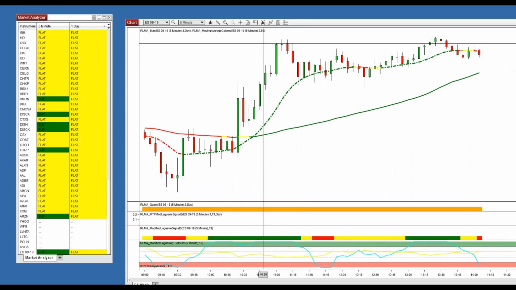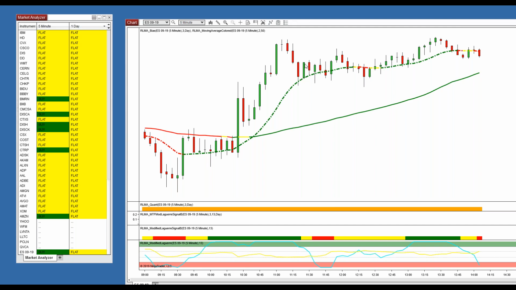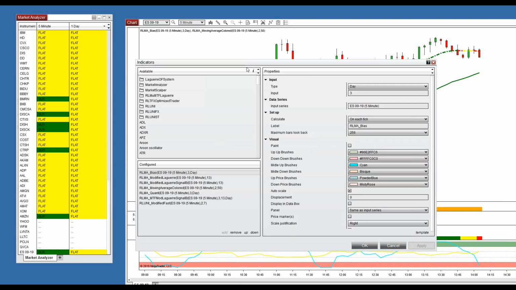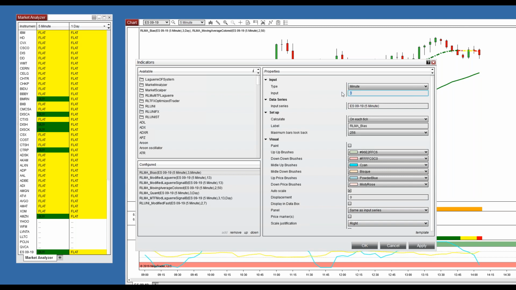Okay, now the reason it's not loading is because the indicators are set for daily, because we're going back and forth. So now we have to go to bias. We're trading a 5 minute, so we have to go to minutes, and we have to put in 15.